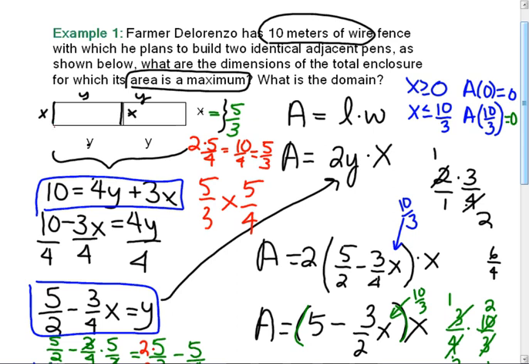What kind of picture is this? Maximum area is a what? A square. I had to double that number. So it's x is 5/3 and this is also 5/3. It's a square. Your maximum area is a square.